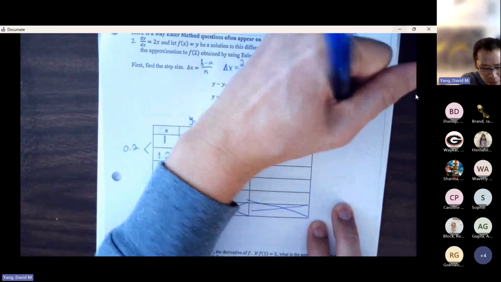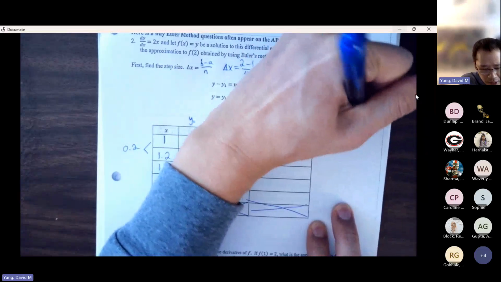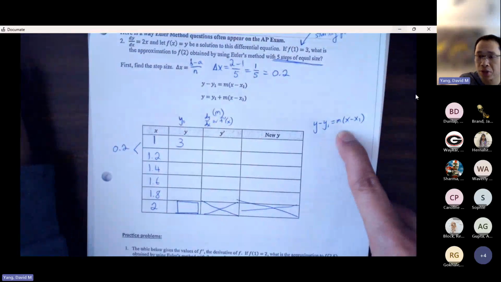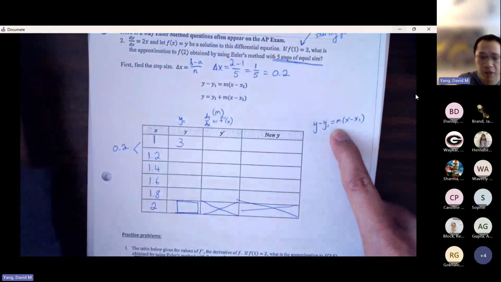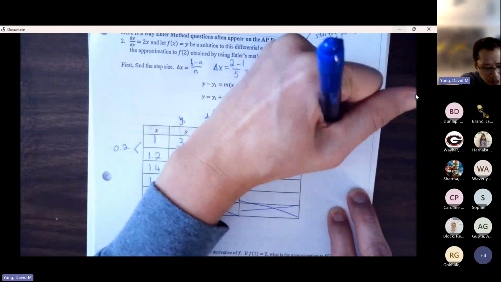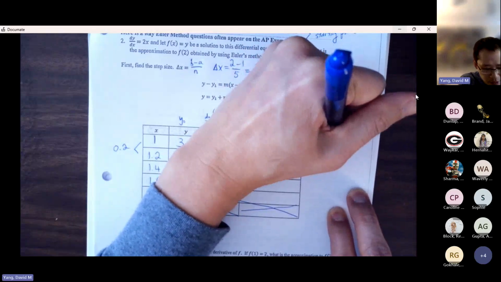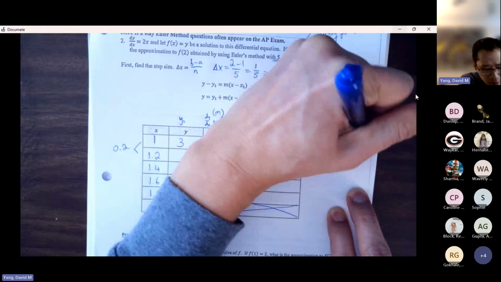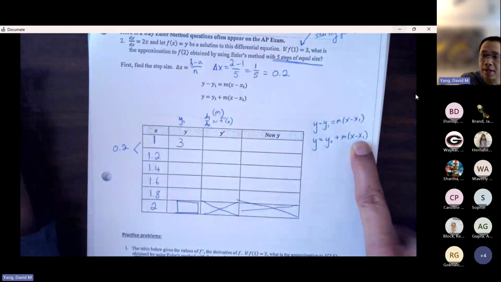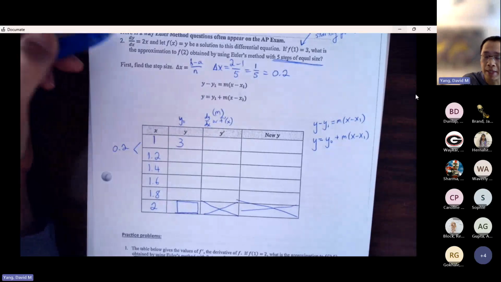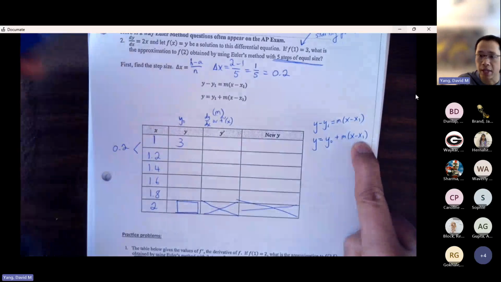y minus y sub 1 is equal to m times x minus x sub 1. Think of this y sub 1 as your initial y value or maybe the previous y value. So if I solve for y, I would get y sub 1, or I'm going to call it y sub 0, plus m times x minus x sub 1. And my x minus x sub 1 is basically my step size. So this is going to be my delta x.